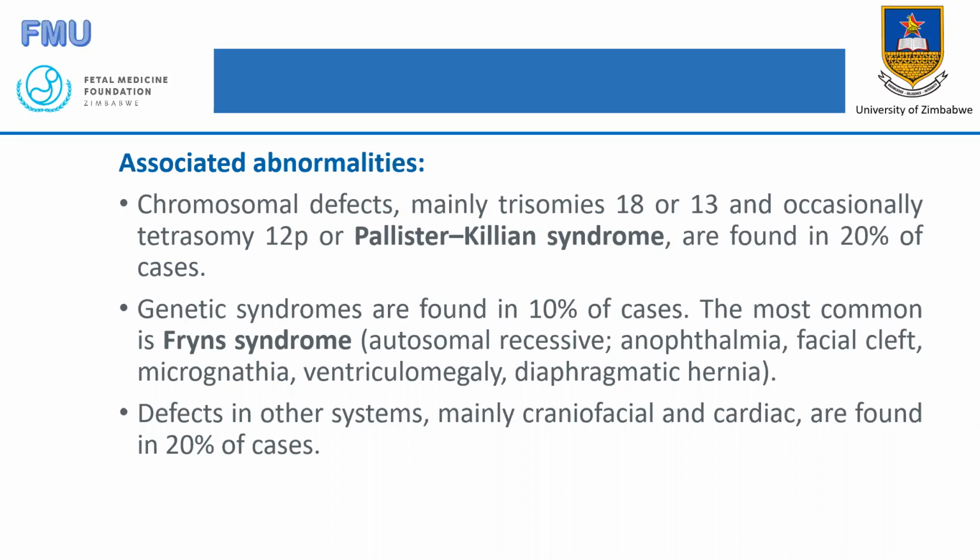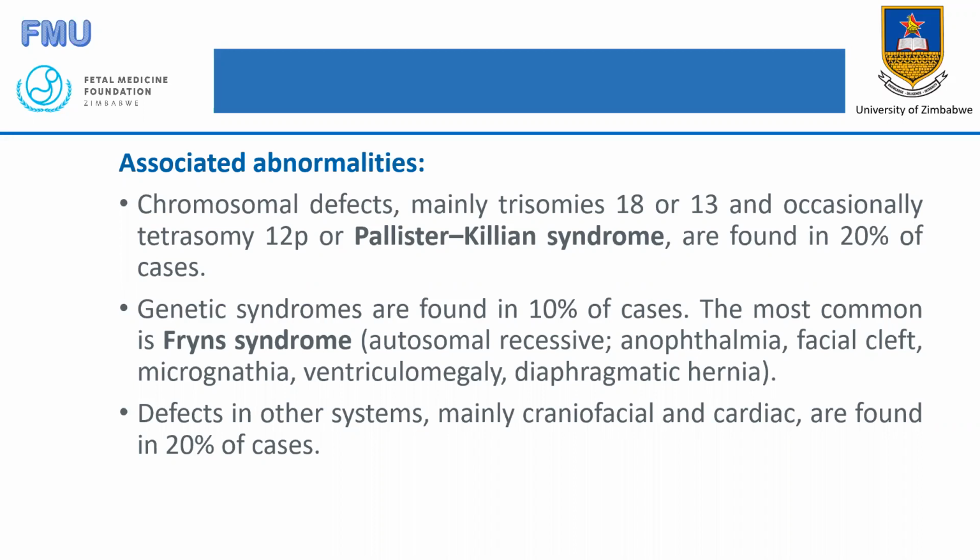Then we also have genetic syndromes, which are found in about 10% of the cases. The most common one is Fryns syndrome, which is autosomal recessive. The moment you hear the word autosomal recessive, you should know that the recurrence risk is 25%.